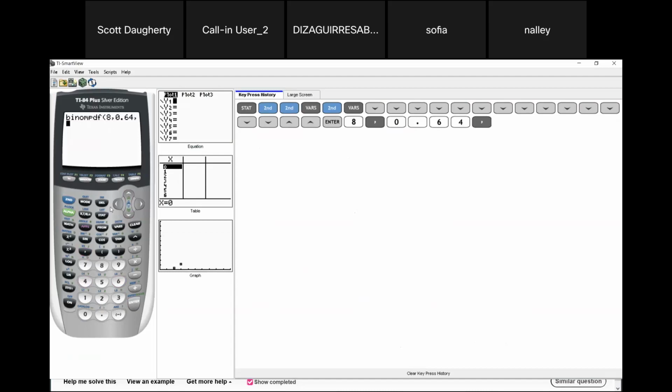And we're looking for x to be 5, exactly 5 successes. This is going to give us the probability that when we randomly pick 8 people from a population where 64% of them use their smartphones during meetings or classes, that we'll get exactly 5 that do. And the answer is about 28%, 0.28.